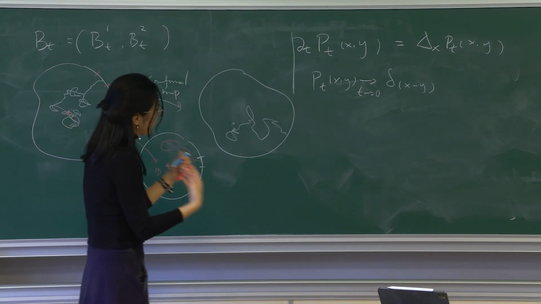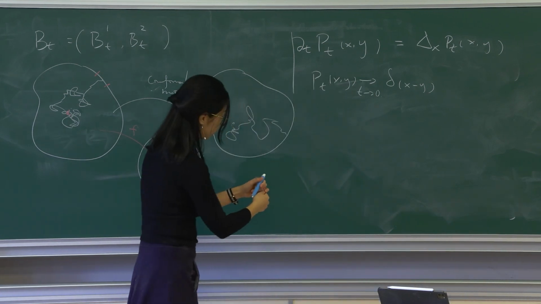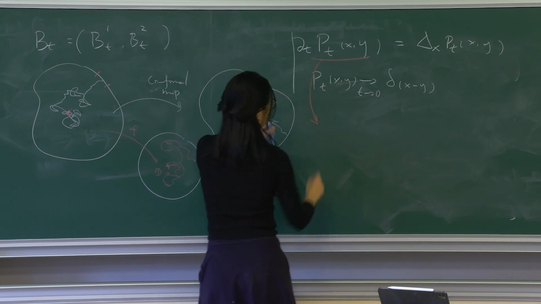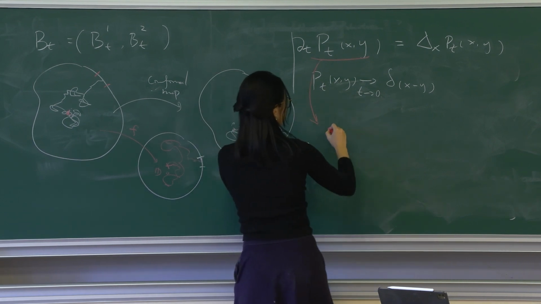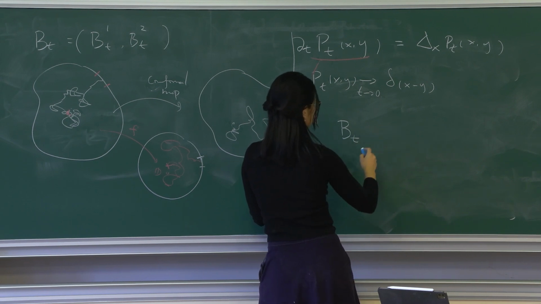And this heat kernel also has an interpretation in terms of the Brownian motion. This is the distribution of the Brownian motion at time t.